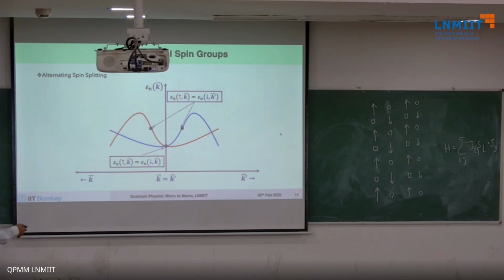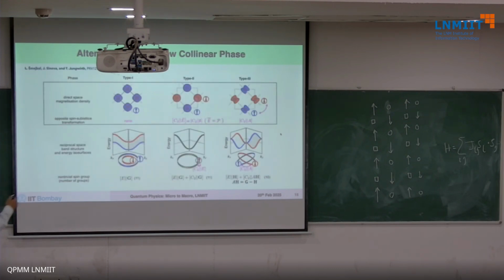There are of course a few points where they are degenerate, just like the conventional antiferromagnetism, but there will be some path in K where they will be non-degenerate. This is something you can show by just doing a simple calculation, but people have found this in real material also.